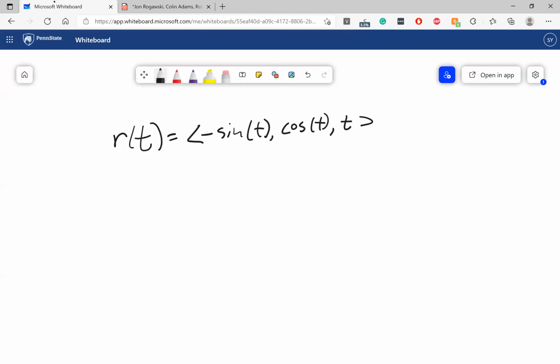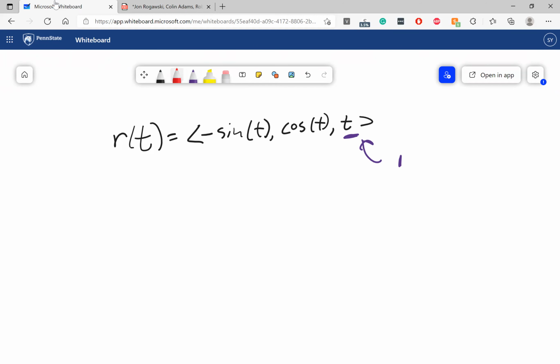If you remember, the last problem that we did had a 1 here. But now instead of a 1, we have t, and the sine and the cosine were in different places, and there wasn't a negative for the sine. That's basically the main difference.